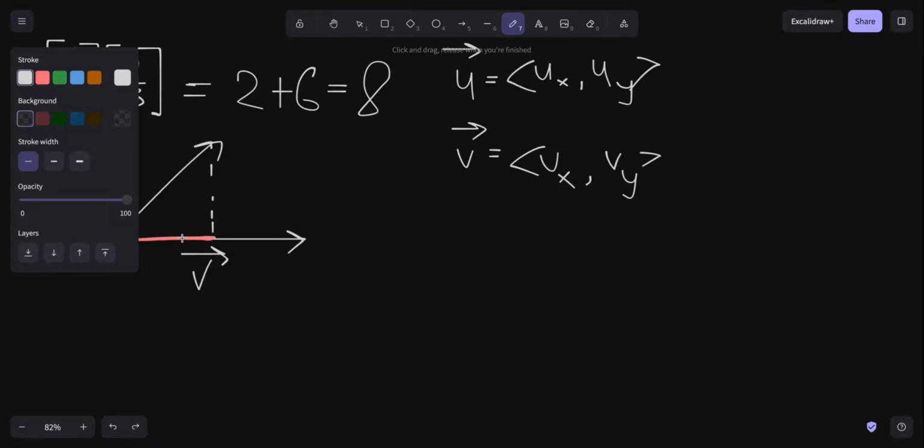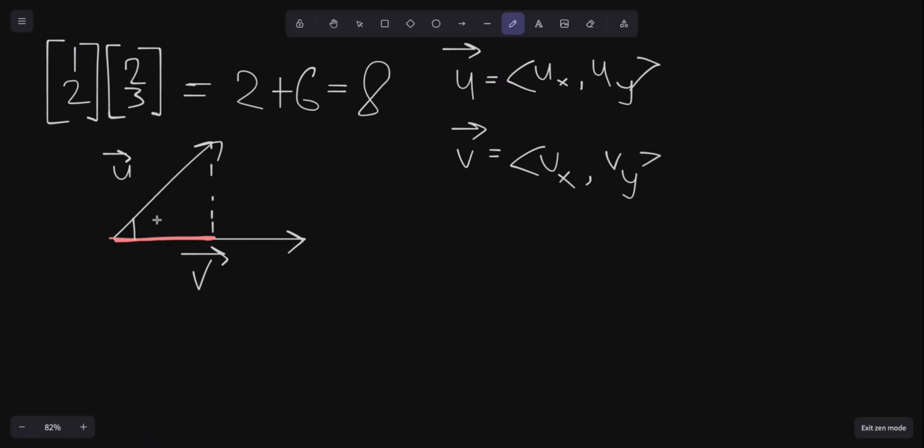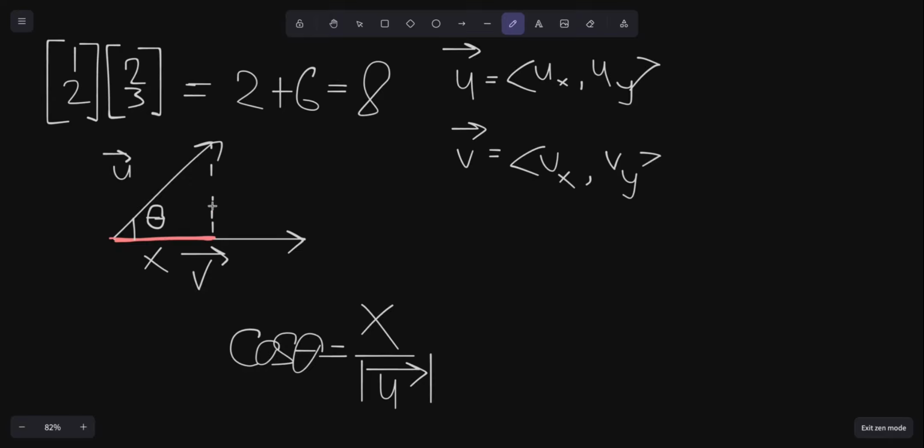So how do I find out this pink component right over here, the pink length? Well, I know this has an angle theta between u and v, and so imagine if I call this length x. Cosine of the angle theta is going to be equal to the adjacent side, which is this x, divided by the hypotenuse, which is vector u, specifically the magnitude of vector u, because we're making this into a right triangle.